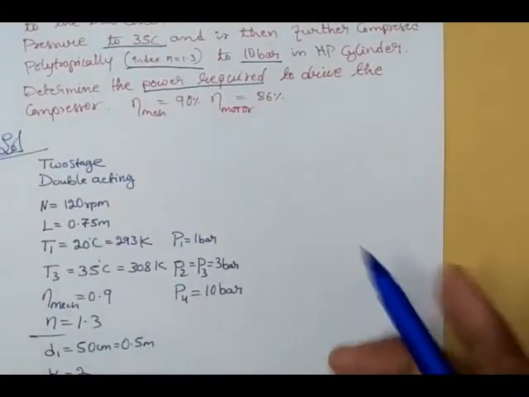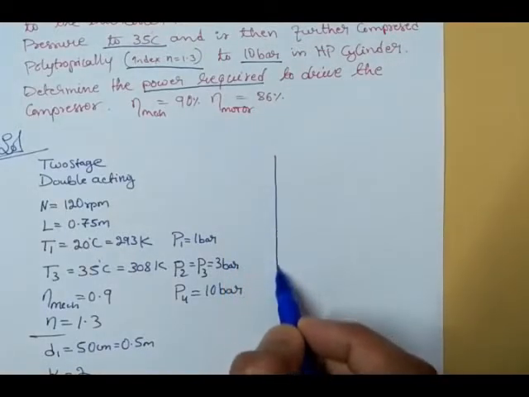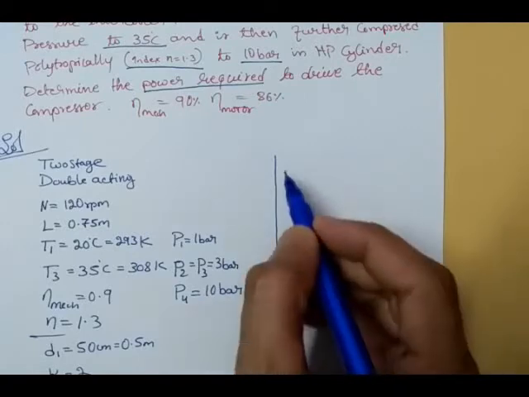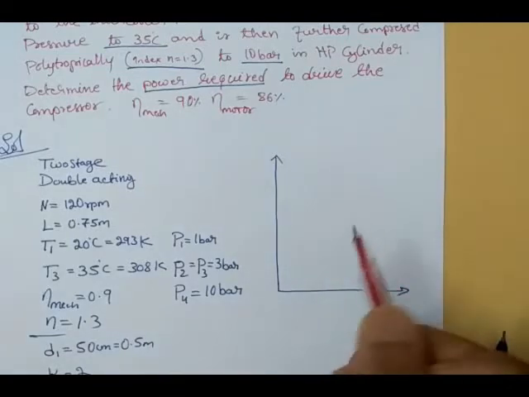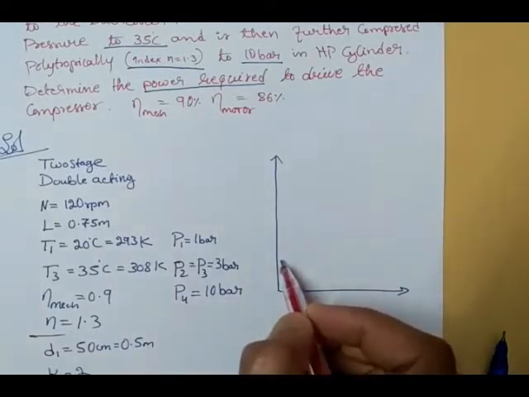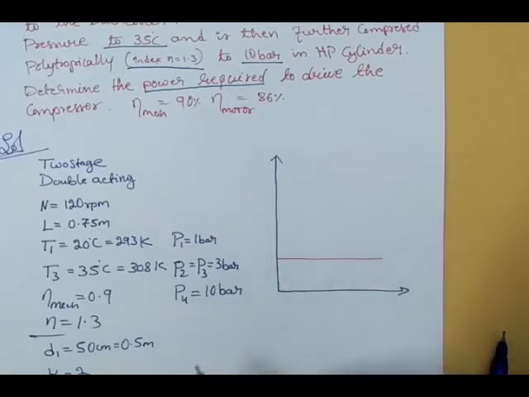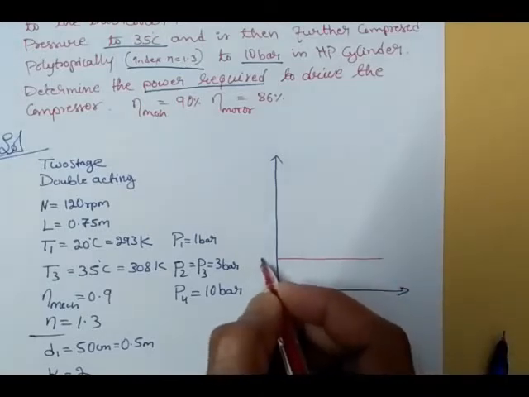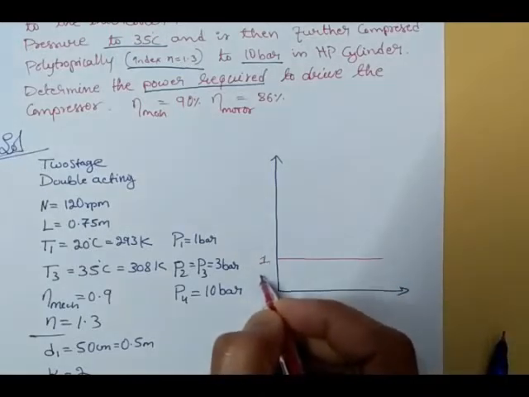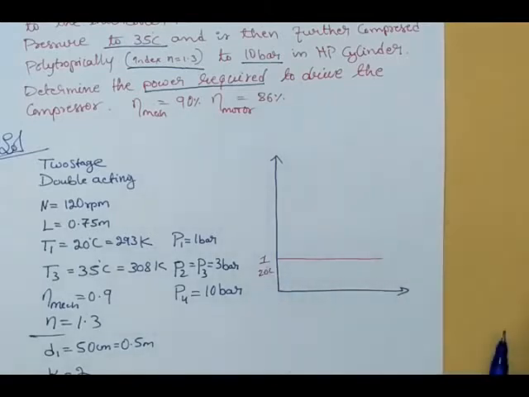Let me draw the important thing. The first thing is the PV diagram to understand this compressor. So what we see here is suction taking place. The pressure is 1 bar and the temperature is 20 degrees centigrade.